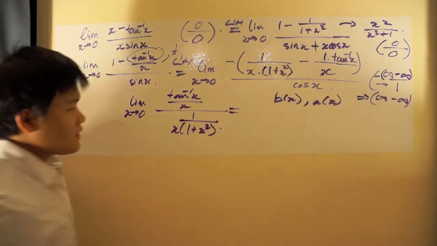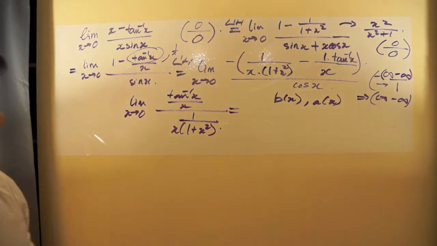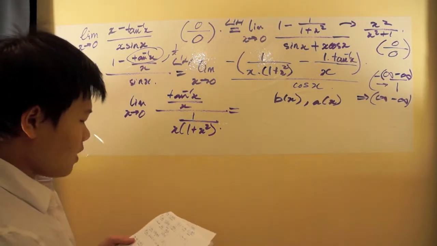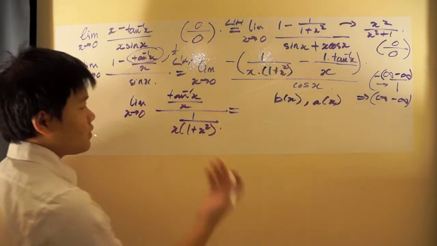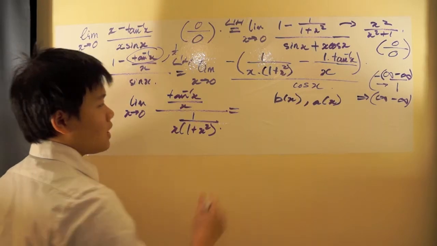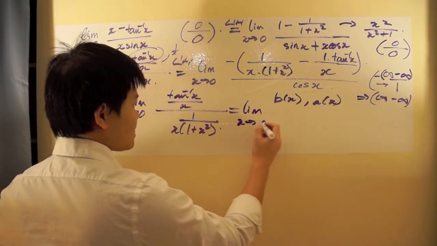Okay, what does that equal to? If you do the differentiation of that, and after evaluating and simplification, you would have the limit of this equal to the limit as x approaches 0.